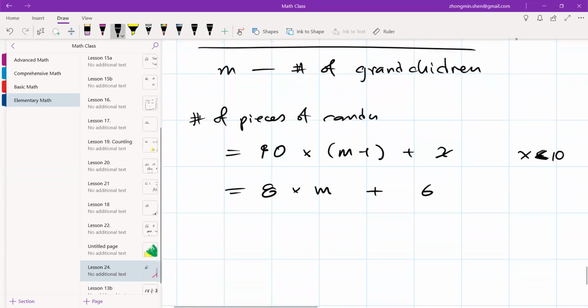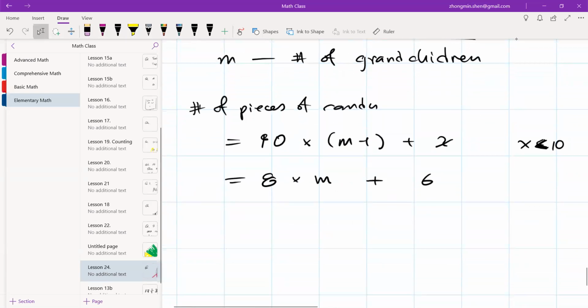And from here, you are able to solve the equation. If you take the difference, you can find all the possible solutions, right?